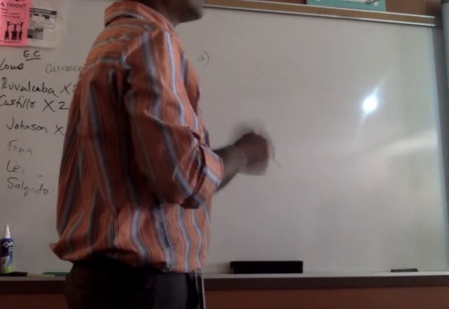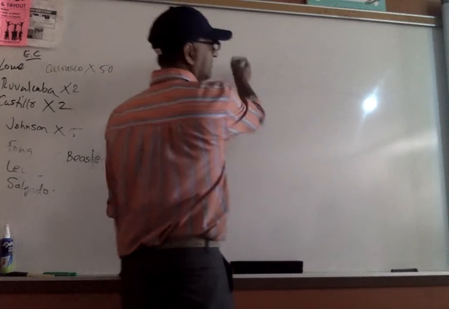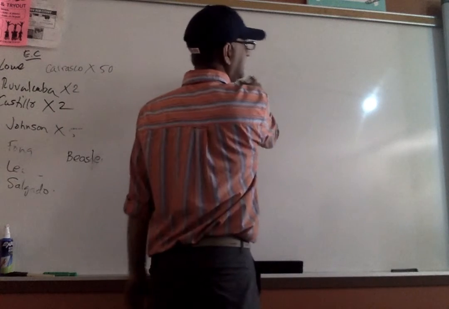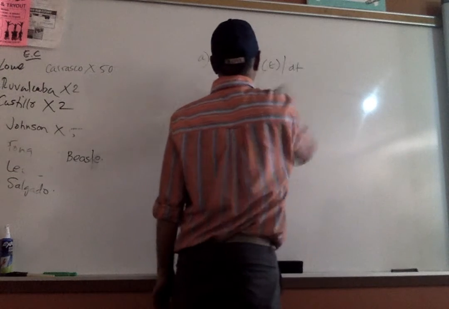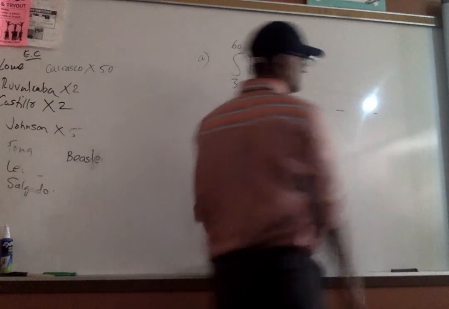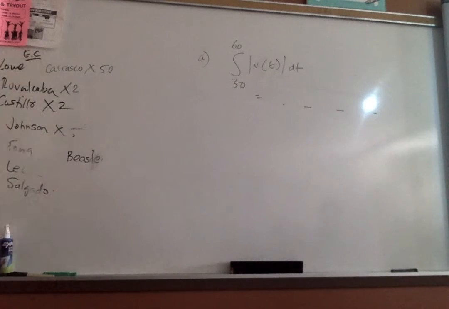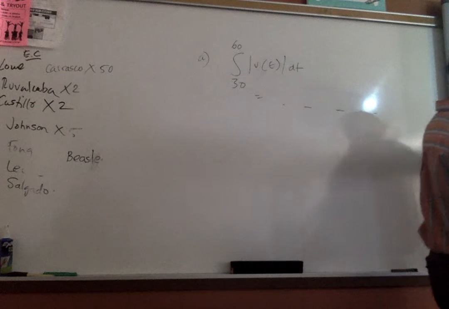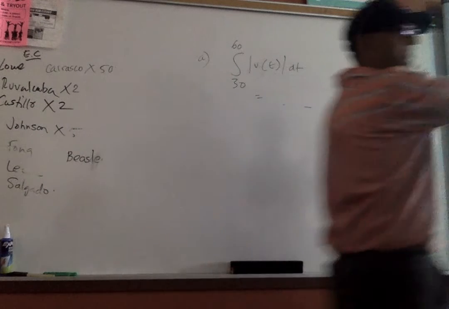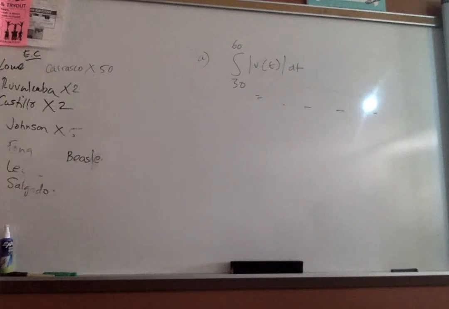It says, using appropriate units, explain the meaning of the integral from 30 to 60 of absolute value V of t dt. Can you please write me a phrase or a sentence? By the way, context: a car travels on a straight track. So write me a right-hand side.